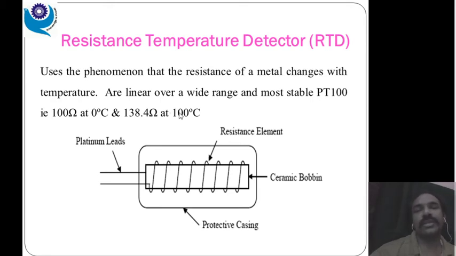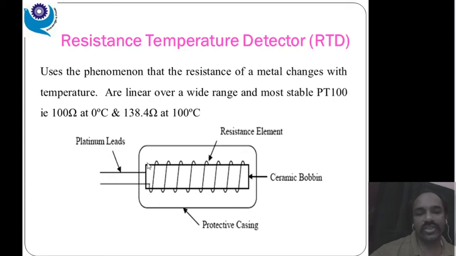There are so many variants, PT101, PT102, or PT1000, right? Likewise, a wide variety of platinum RTDs are available in the market based on the application. The phenomenon remains the same, the number indicates the resistance at 0 degrees, right?